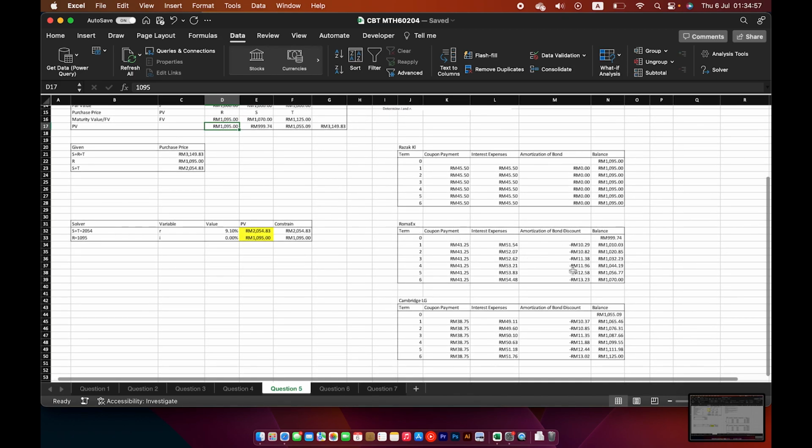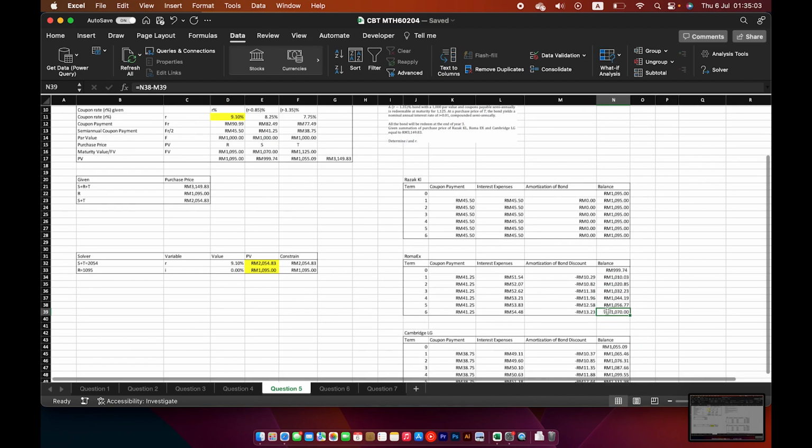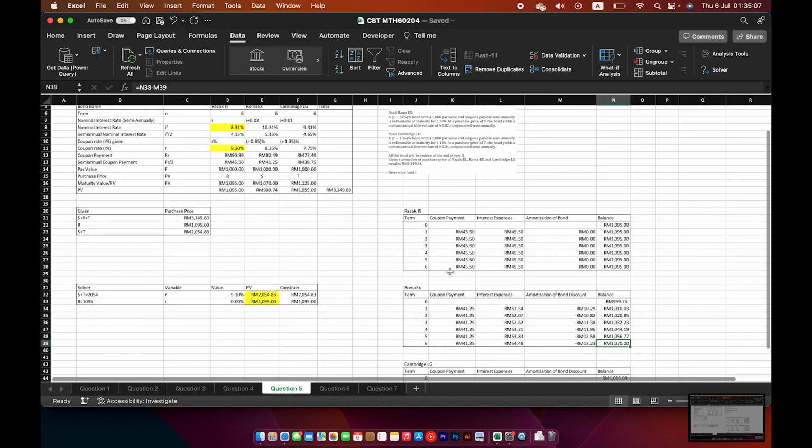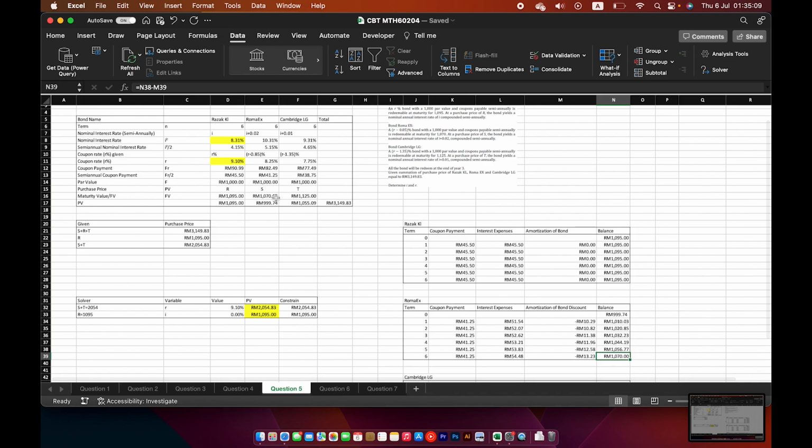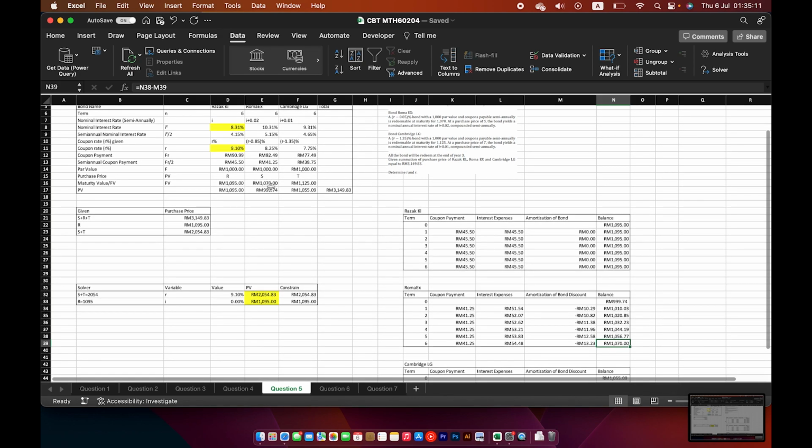And for Roma EX, we will get our maturity value equal to 1070, which is the same as the question given.